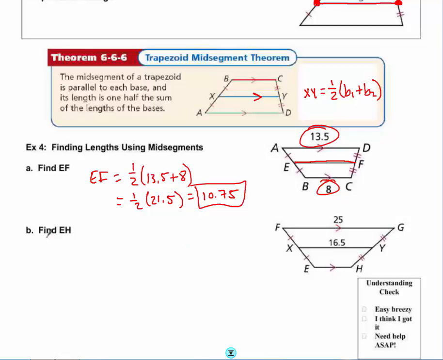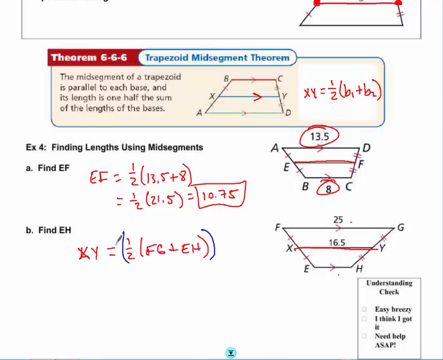Okay, so find EH. Well, I know that XY equals 1/2 (FG plus EH), right? Because I know that the midsegment equals 1/2 of the base 1 plus the base 2. I'm going to do this for you, okay? You go ahead and write it.